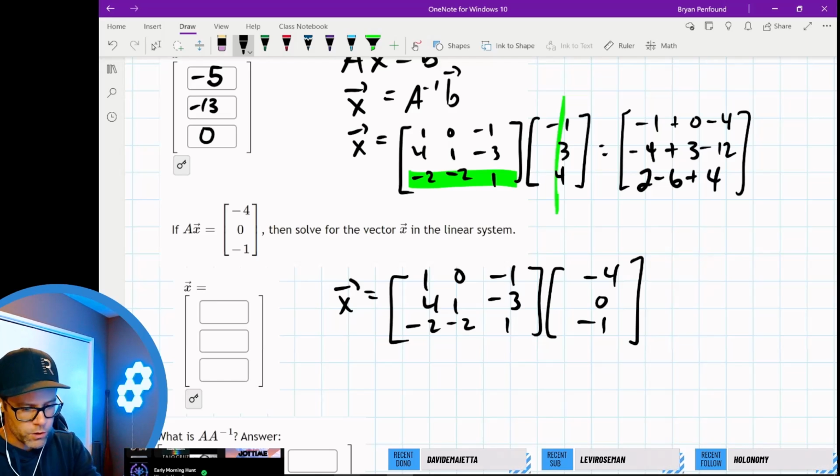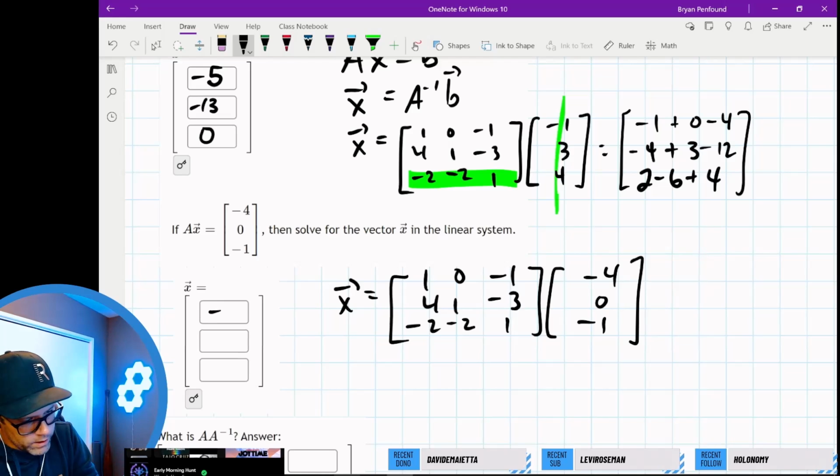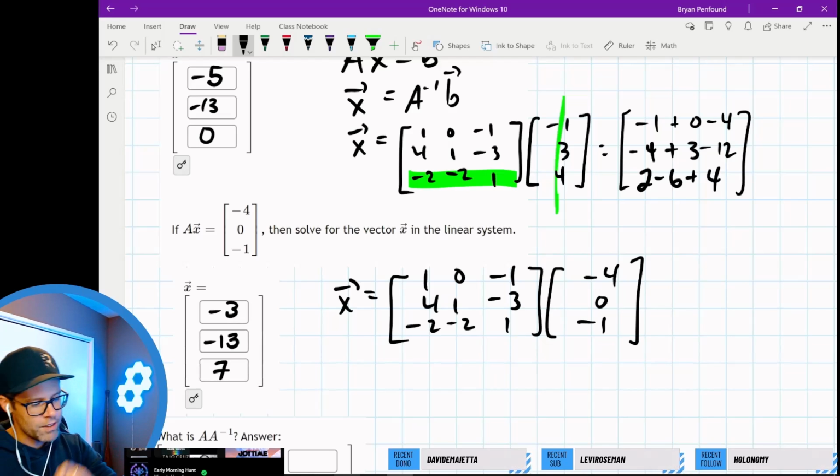So again, we can go through this multiplication. This one shouldn't be too bad mentally. So negative 4 plus 1 is negative 3. We have negative 16 plus 3. And then we have 8 minus 1. So we should get 7 here for our last component.